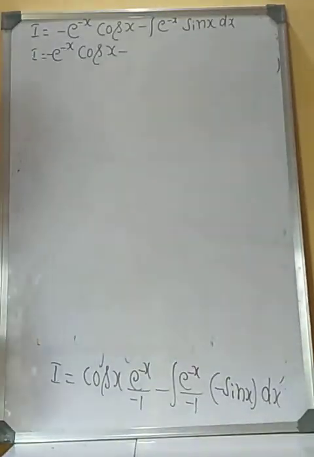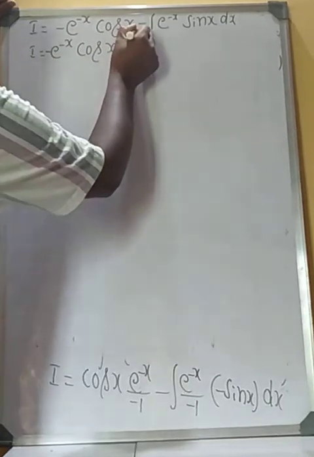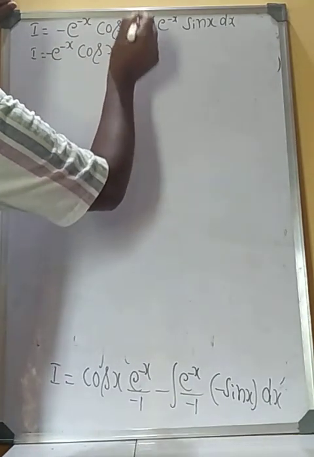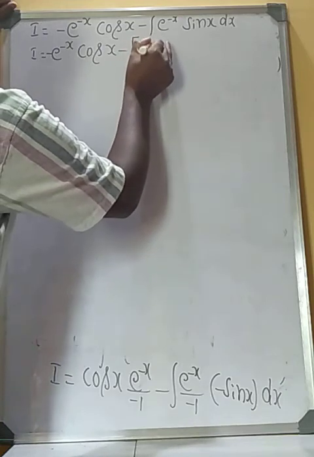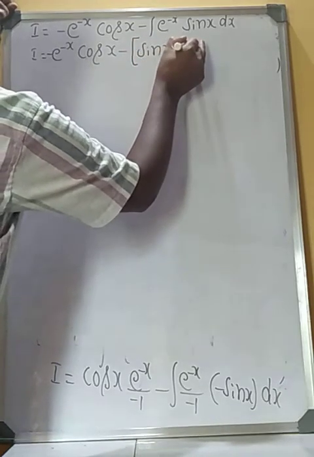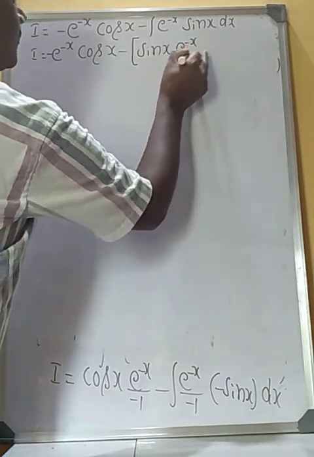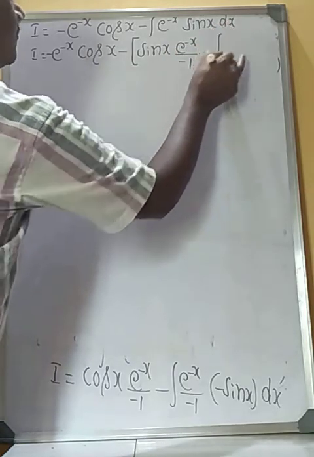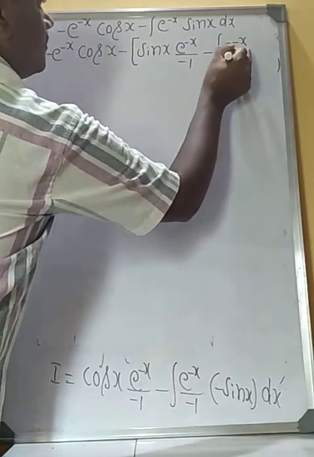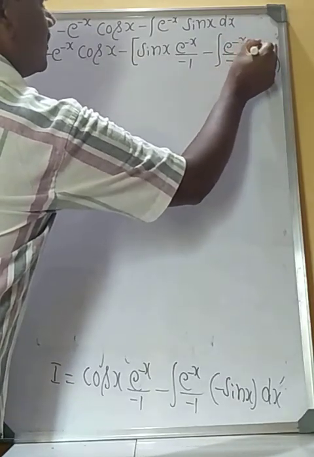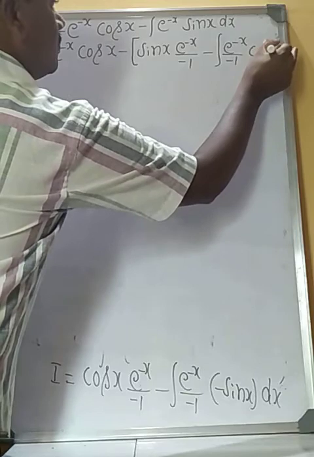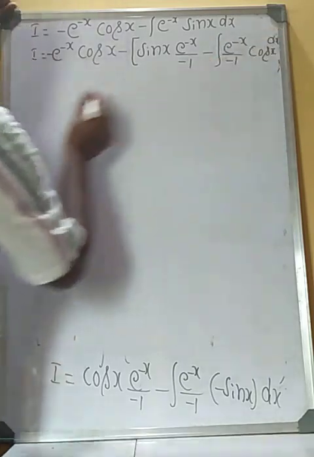Again, by using integration by parts, sin x into e power minus x by minus 1 minus integral of e power minus x by minus 1 into the differentiation of sin x, cos x, into dx.